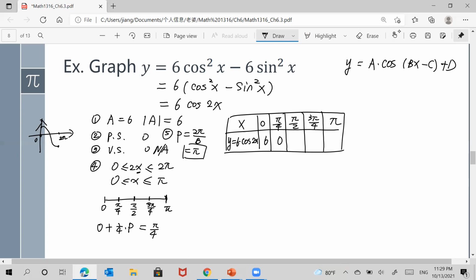And then next point, what is that? Let's go down. Oh, that's -6. So just plug it in. I skip some steps. Plug it in the expression. Find the value of this. Go down, going up, going down.